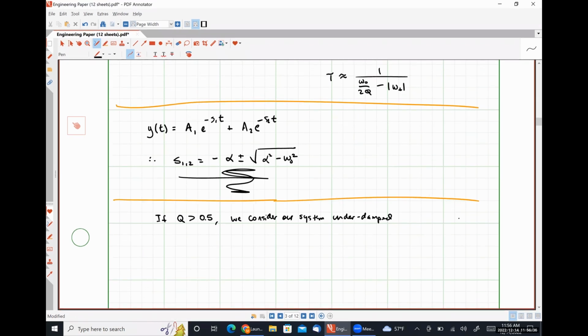Okay, so underdamped means that we have a very quick response time with overshoot occurring. And so that means that my system response is going to experience oscillations.